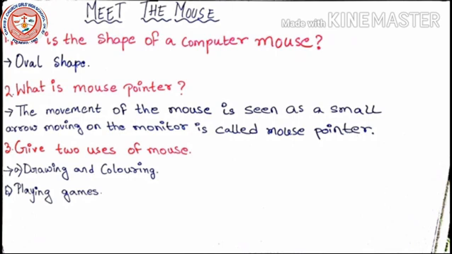Number 2. What is mouse pointer? The movement of the mouse is seen as a small arrow moving on the monitor called mouse pointer.